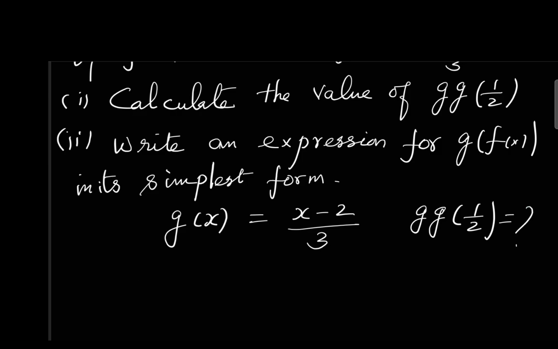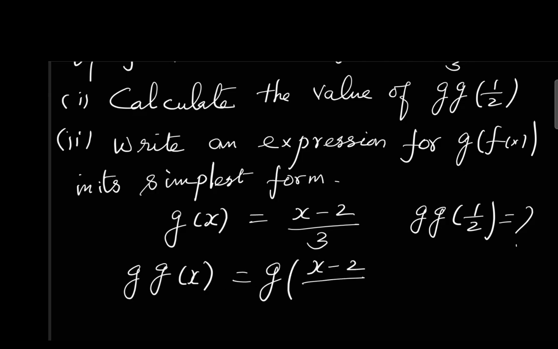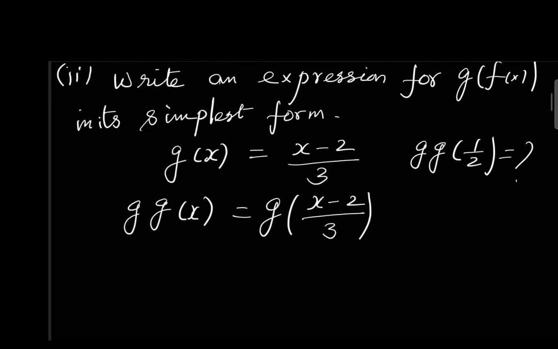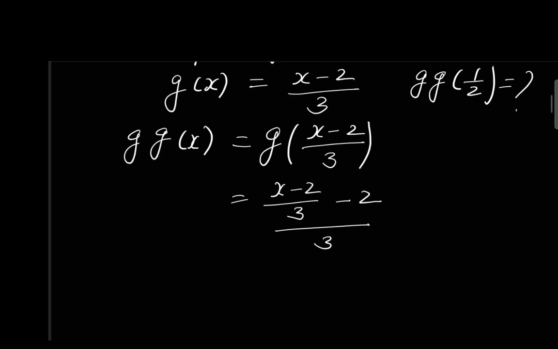First you find what g(g(x)) is. g(x) is (x − 2)/3. Then replace x with this (x − 2)/3, minus 2, over 3.